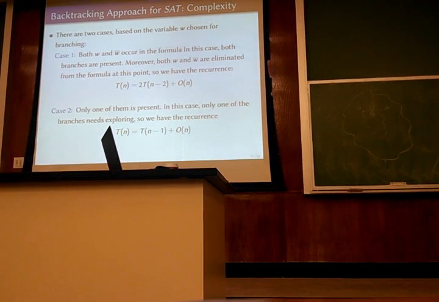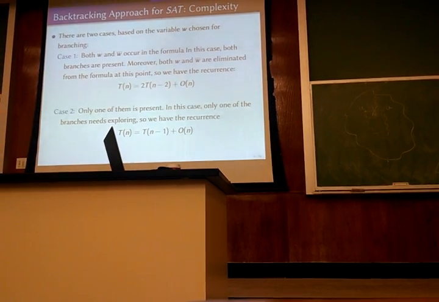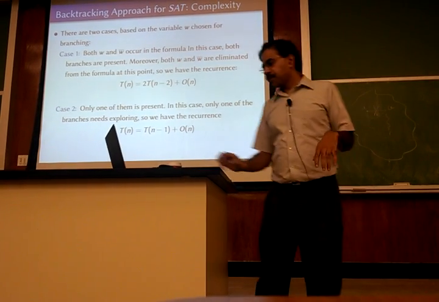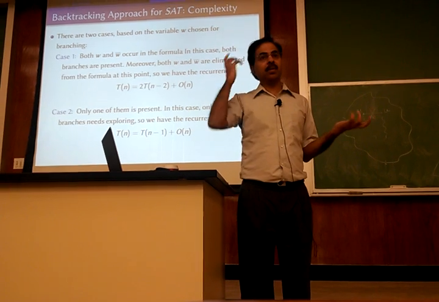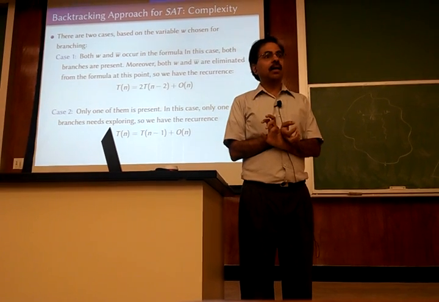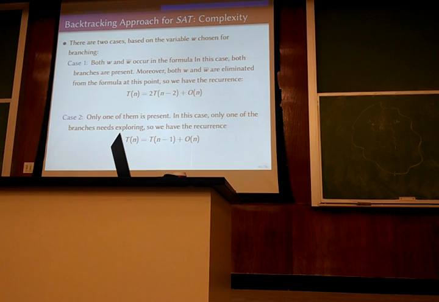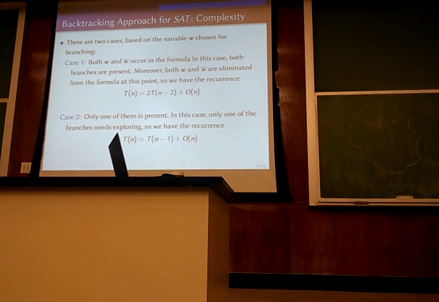Now let's consider the case where only one of the two literals is present. In this case, we don't have two branches. We only have a branch where that variable is true or false. For instance, let's say W bar never occurs.